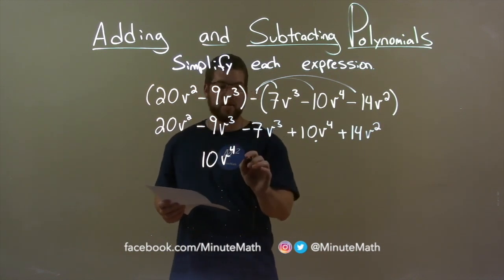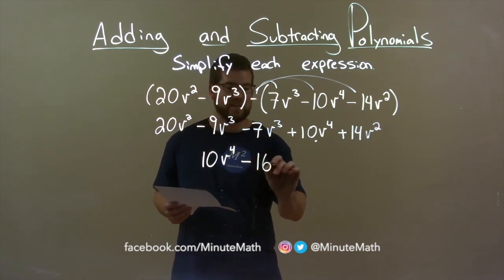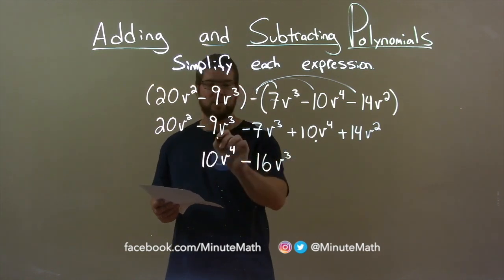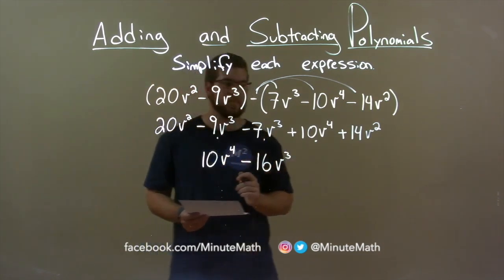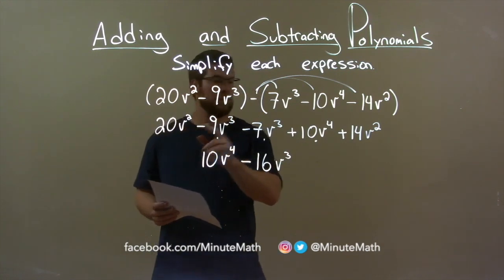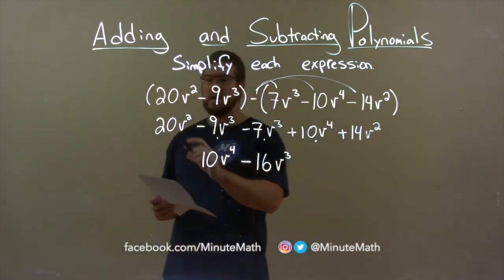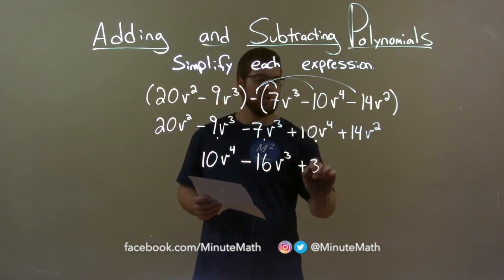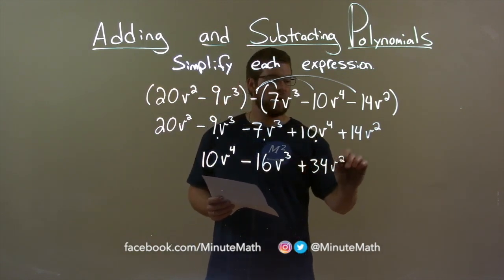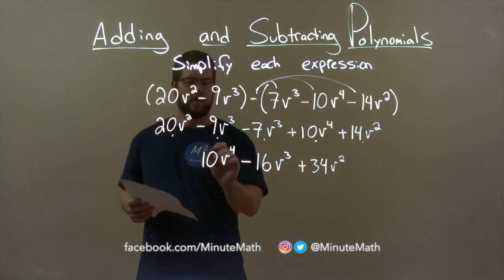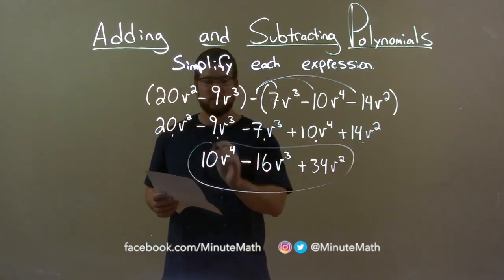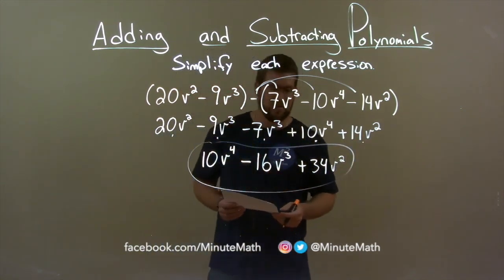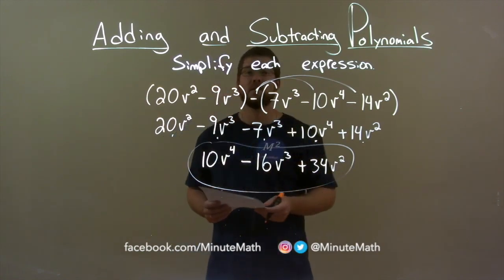Combine those two together, and it's a minus 16v to the third, and again put dots to show that we brought that down. Next highest degree is a v squared, and there's two of them. We have 20v squared and 14v squared, which is a 34v squared. And there we have it. Our final answer, 10v to the fourth minus 16v to the third plus 34v squared.